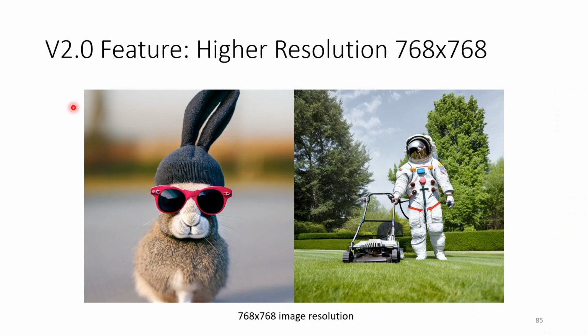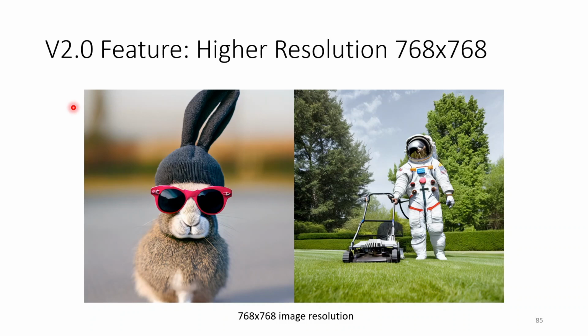Okay, now you have the concept of latent diffusion, and Stable Diffusion version 1.5 is based on latent diffusion. Stable Diffusion 2.0 has been released, and there are some new features.